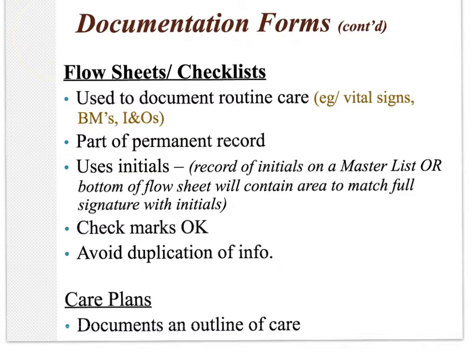Another type of form that you're going to see quite often is flow sheets. I haven't seen any facility that doesn't have some kind of flow sheet. And the sheet that you've seen for vitals, for routine bowel movements, intake and output, anything that is routine care is documented on a flow sheet.